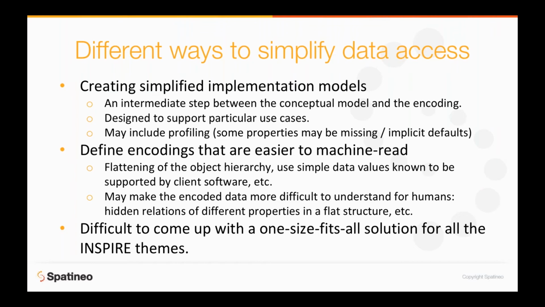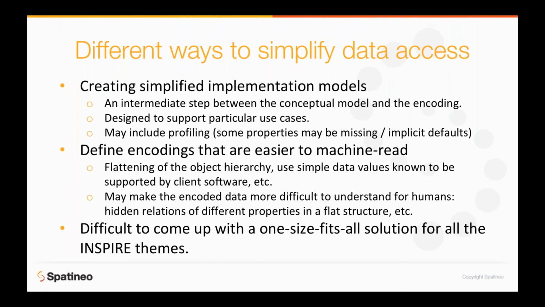It is, as I already mentioned, this kind of simplification, then you need to support particular use cases. In most cases, you need to make choices on what kind of properties you actually leave there.